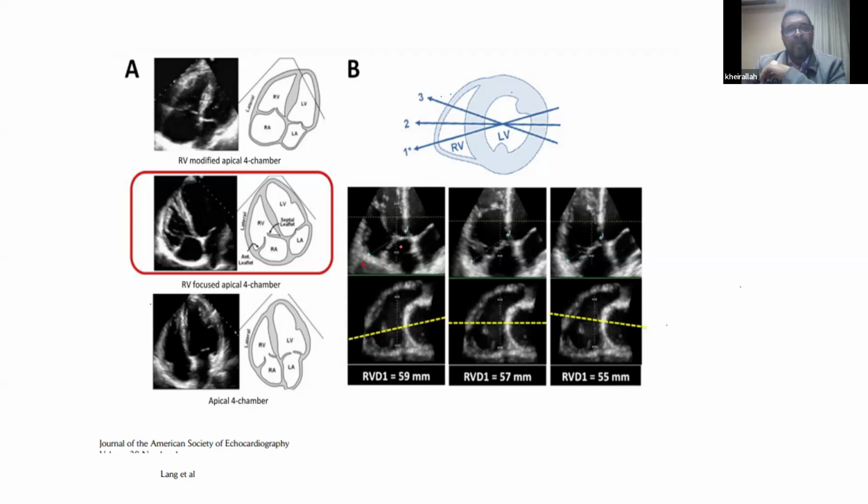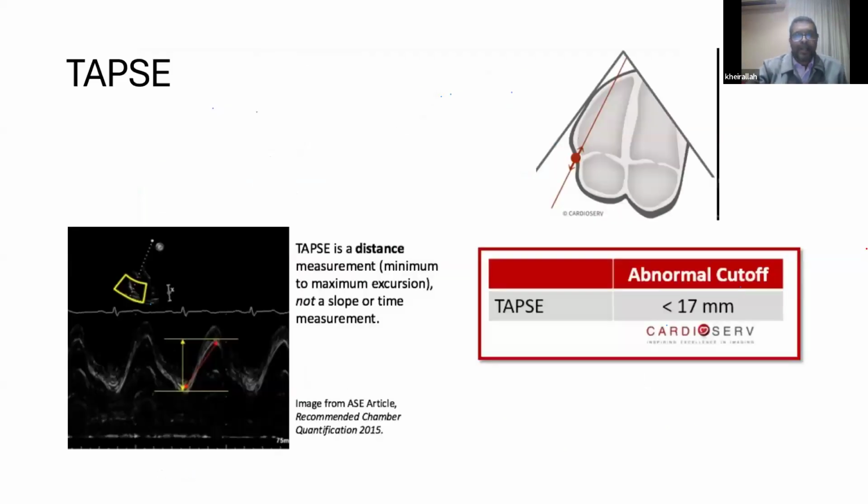Like now, this is apical 4, apical 4, apical 4, and in each one you might feel that the RV dimension is different. That's why our fellows get lost in RV quantification more than with LV quantification, especially as to the size, because the cut might give an erroneous idea of dilatation. So we have to make sure that our cut is oriented right.